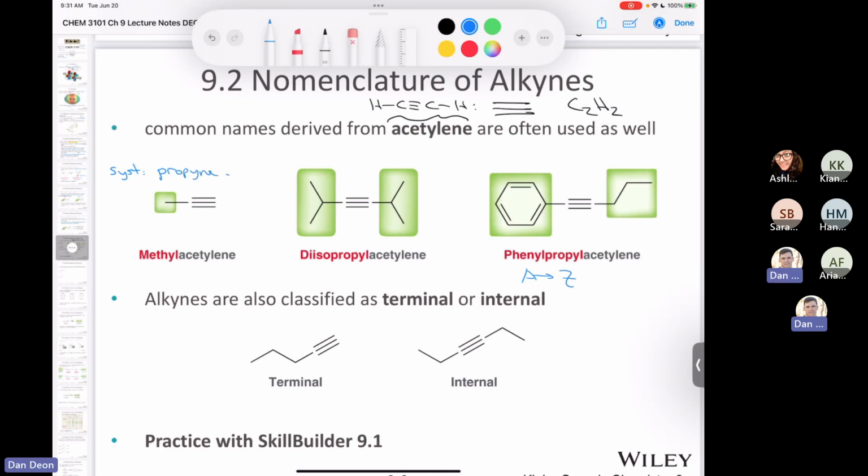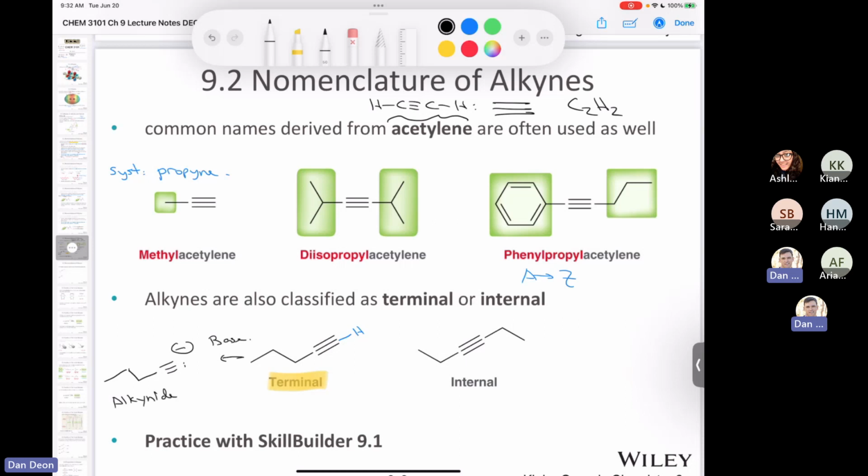Either one is fine. I already went over the idea of a terminal alkyne, so that's one that ends with a hydrogen like this, and an internal alkyne is one that has two carbons attached to each one of the sp hybridized carbons. And the reason why we spend so much time in this chapter talking about terminal alkynes, and we're going to get to this in just a little bit, is that you can take a strong base and deprotonate the terminal alkyne and make what we call an alkanide.